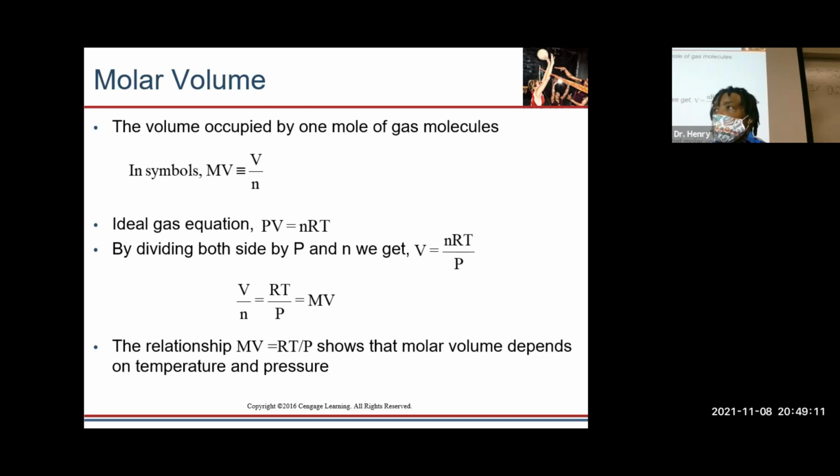To calculate it, we take PV equals nRT, divide both sides by the number of moles, n, and divide both sides by P. We get volume divided by number of moles equals RT divided by P.